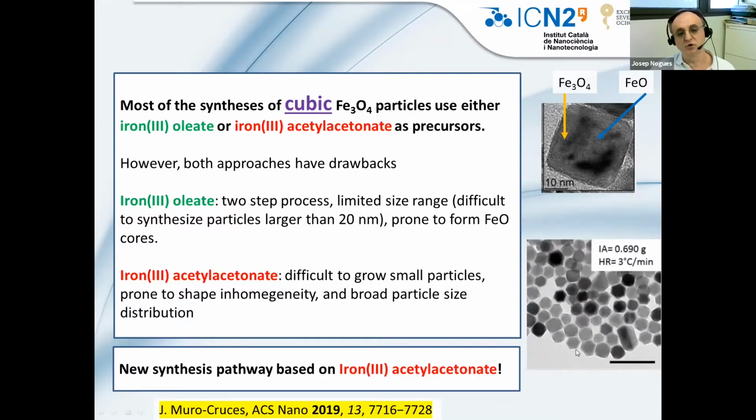Here I show you an example where we have some cubic nanoparticles, some cuboctahedrons, here rods, and here irregular ones. So you have to be careful. If you cannot control the conditions, then you end up with these really messy aggregates and strange nanoparticles. So what I'm going to tell you today is a new synthesis pathway based on iron acetylacetonate.